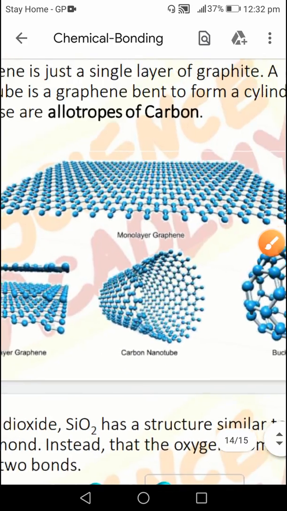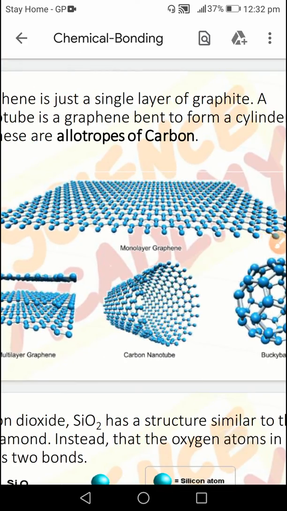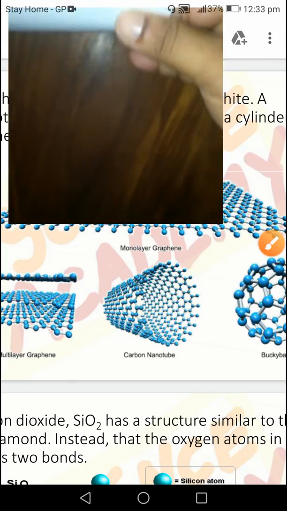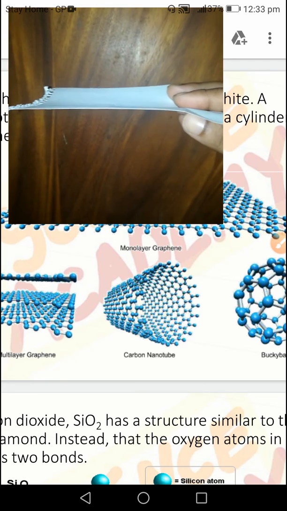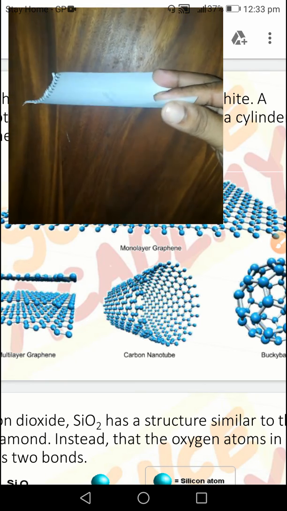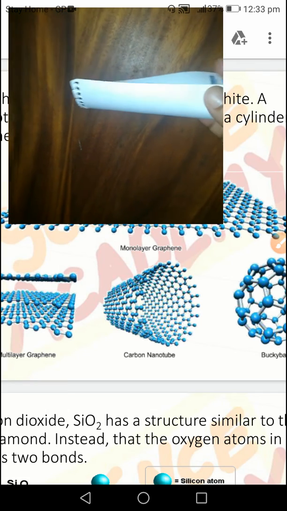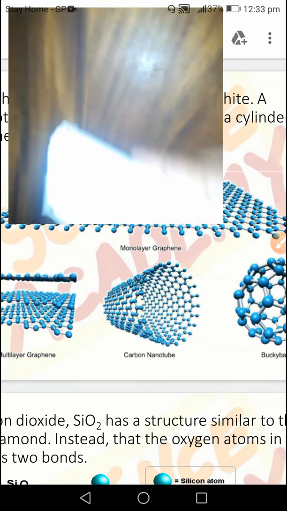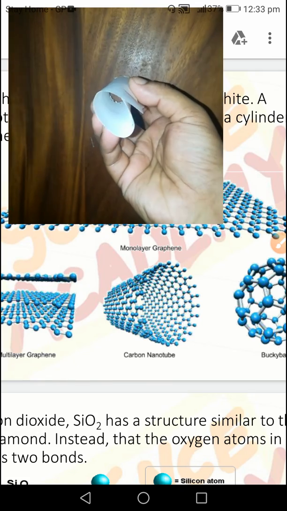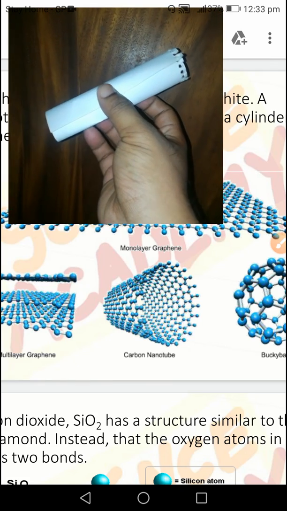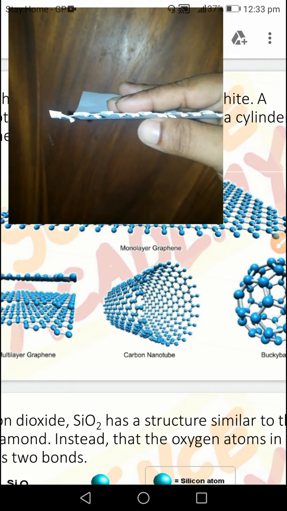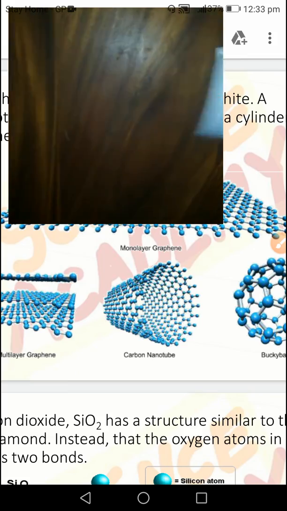Okay, so you can imagine it in this way, for example, this is a single sheet of paper which is the graphene, and a nanotube is like this, as if the layer of the graphene is rolled like this. So this can be thought of as the nanotube, and if you unfold it, then this is the graphene.